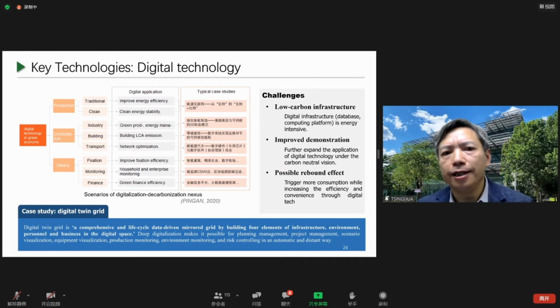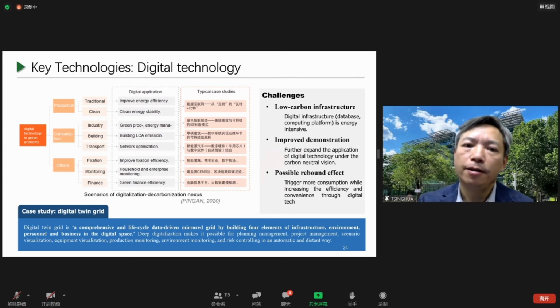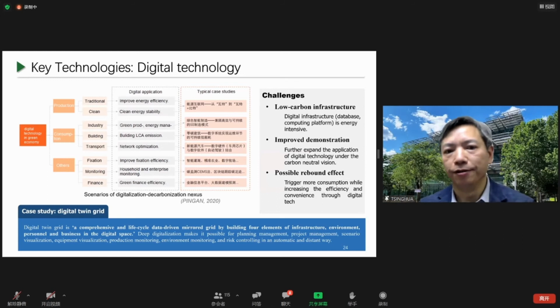It is estimated that digital technology solutions in the fields of energy, manufacturing, agriculture, land use, and building services can help reduce global carbon emissions by about 15%, which is a very significant component.